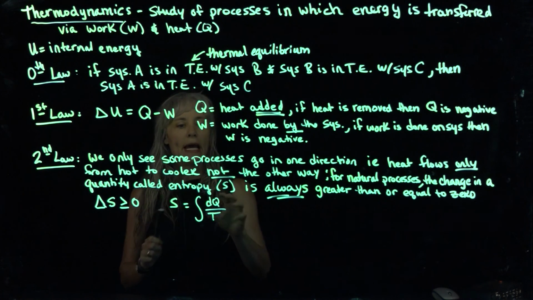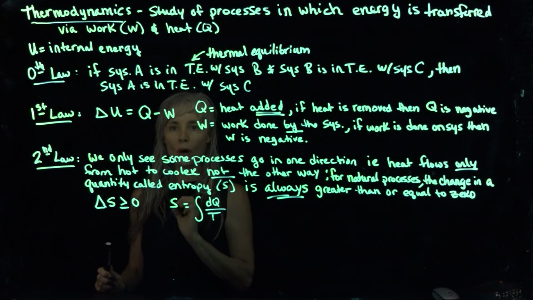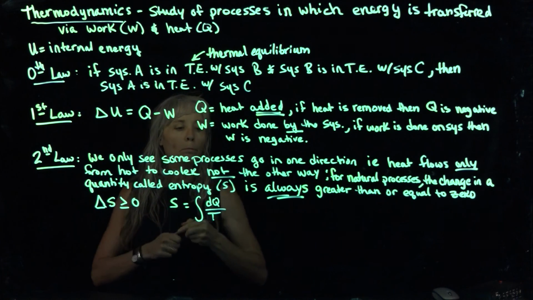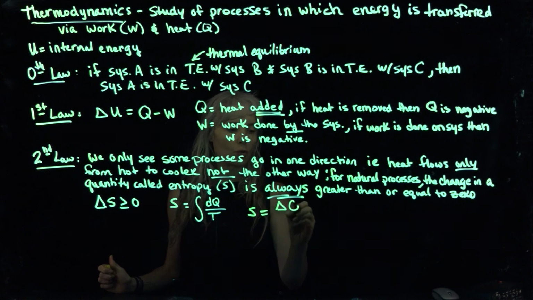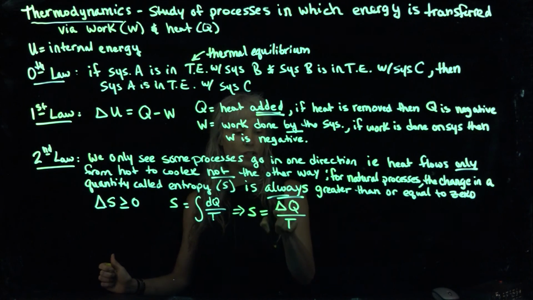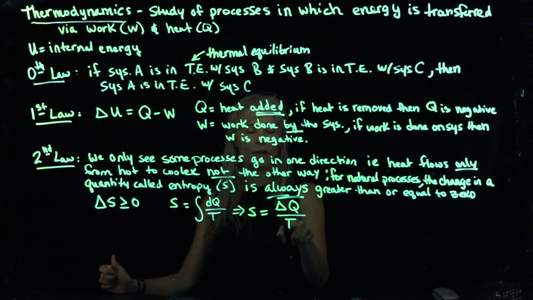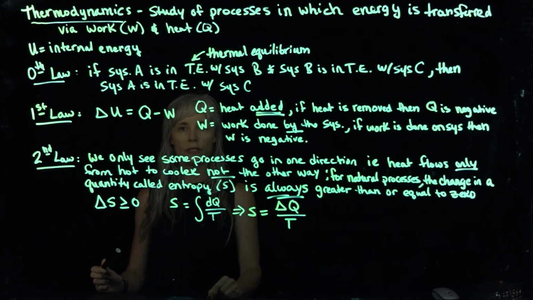But notice that using differentials, we can write what entropy is exactly. But for our purposes where we don't deal with differentials, we can write the change in entropy as the change in heat divided by the temperature. So this will be the form that we will use as we proceed forward.